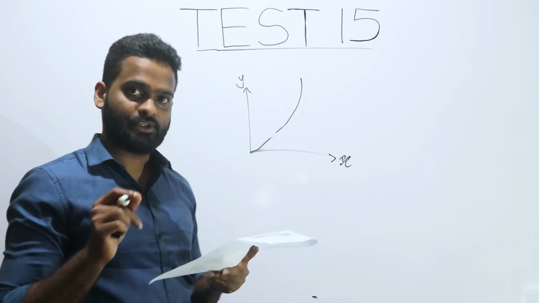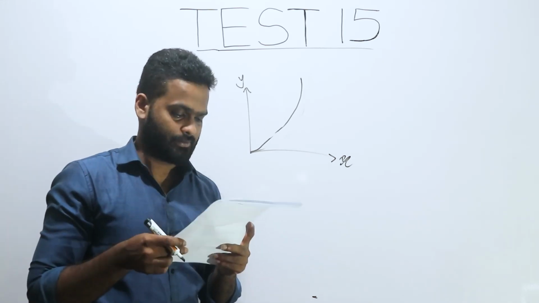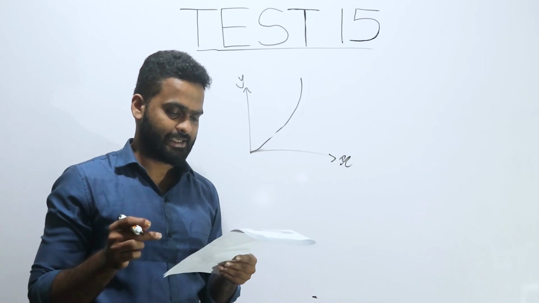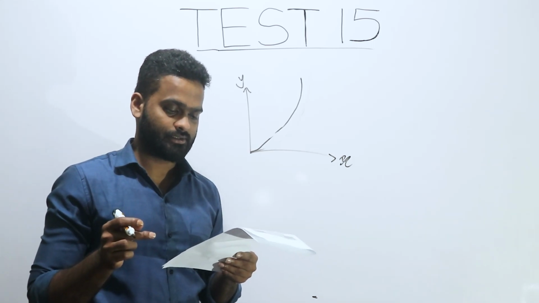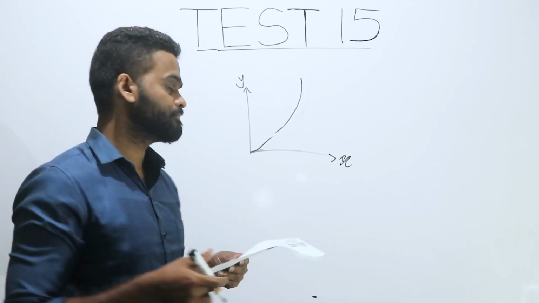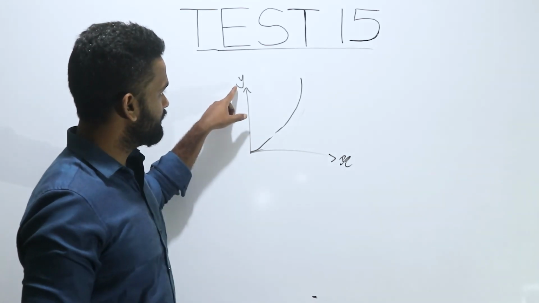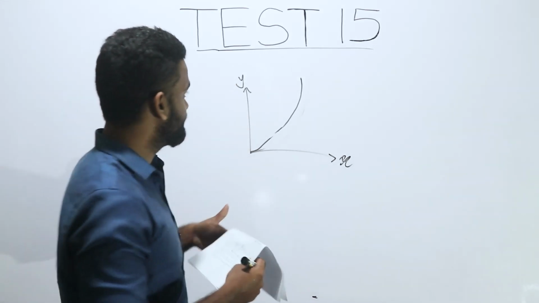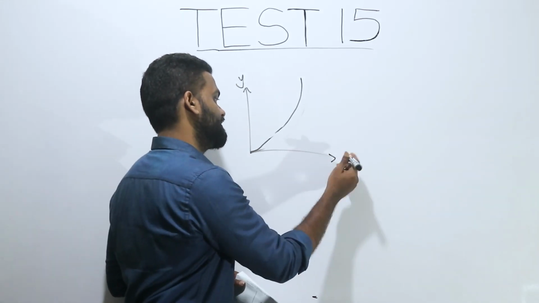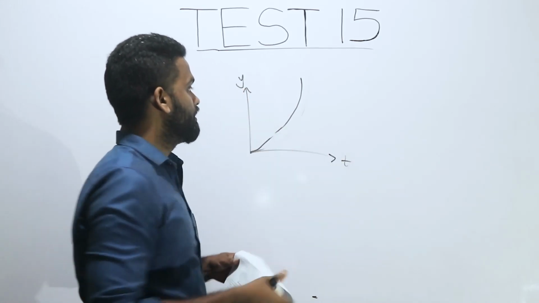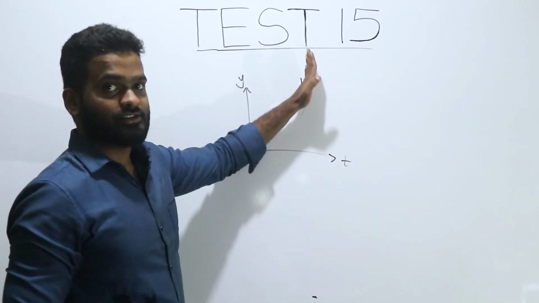Okay, first choice: if the velocity of motion is indicated by y, this object moves with acceleration. They say if the y-axis is velocity, this moves with acceleration.